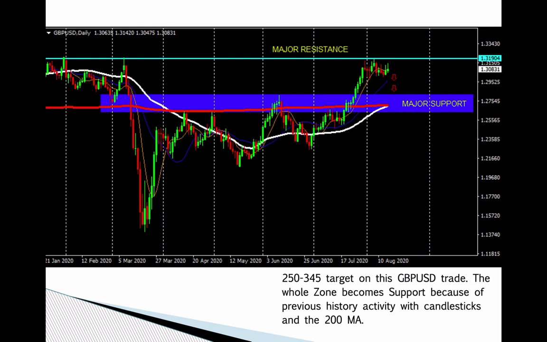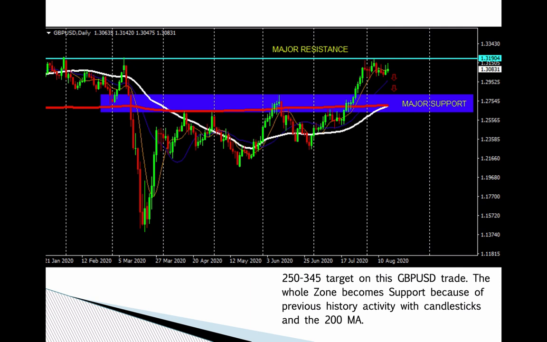And why is it a support zone? It's a support zone because when we look at the activity from February, March of 2020, we see that price kind of had a bounce in that area, and then it broke that area, but then it pulled back. Remember the role reversal, it pulled back into that area again, right into the 200 MA, shot back down, retested the 200 again, shot back down, broke through the 200, but came back, shot back down.